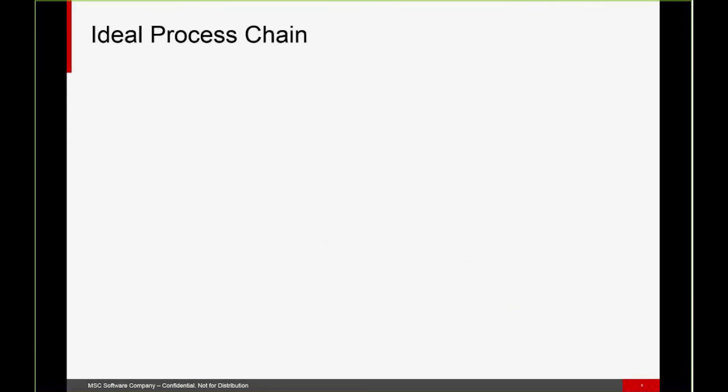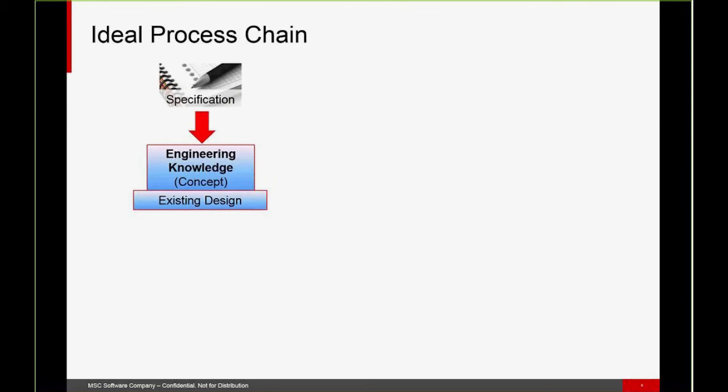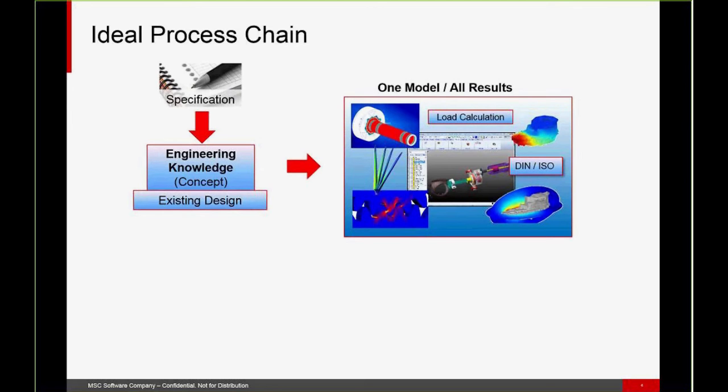The ideal process would look a little bit different. You start again with the specification, that's clear. You need engineering knowledge or a concept for your turbine, which could again be an existing design or a new design. But then the ideal process would be a simulation which covers all the topics in one single simulation, in one model.